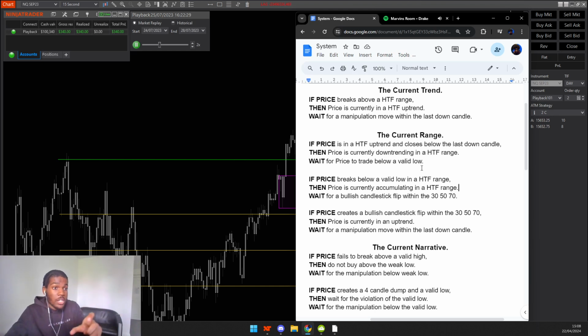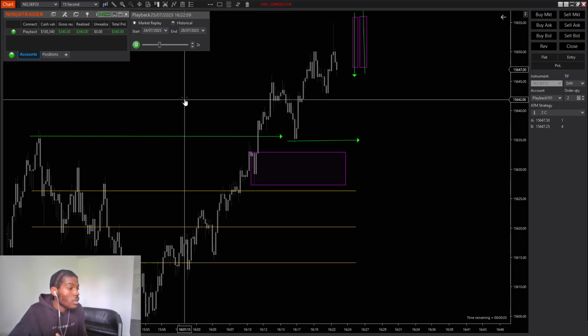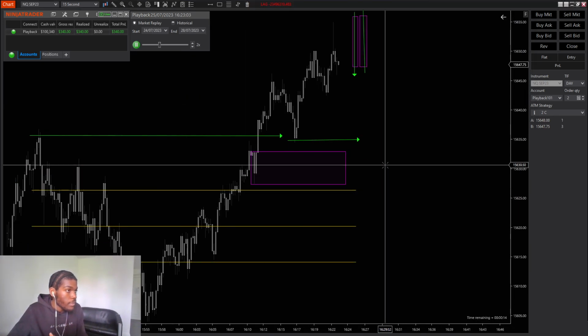So that's literally video 9 of the original masterclass. Whenever we break below a higher time frame low, we're in an accumulation. Same, if you flip it above a valid high, you're distributing above, right? So when you see that, you want to wait for a bullish candlestick flip within the 30, 50, 70. You feel me?